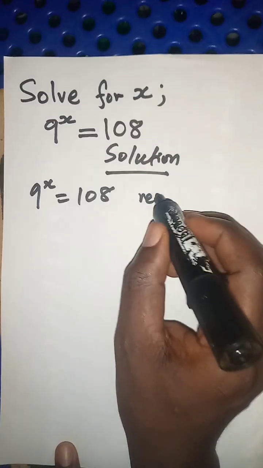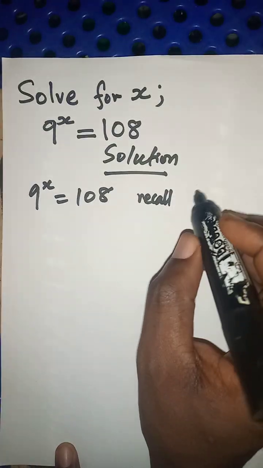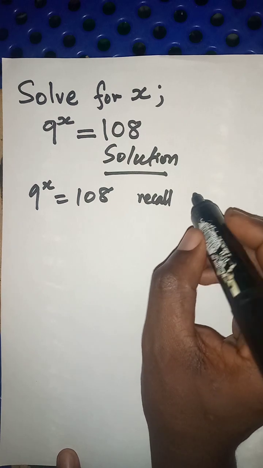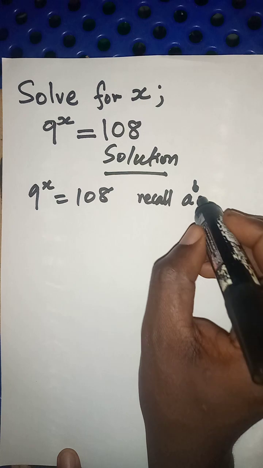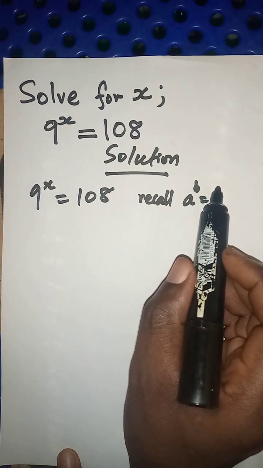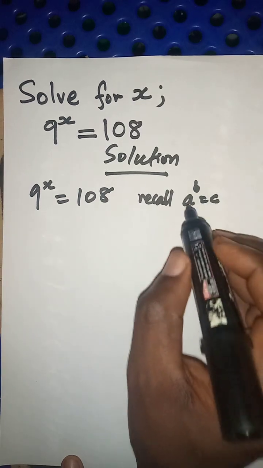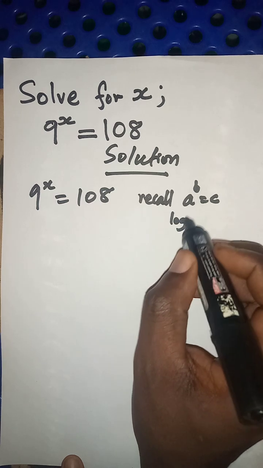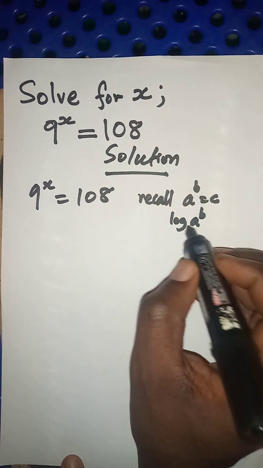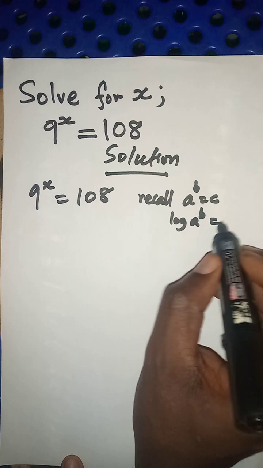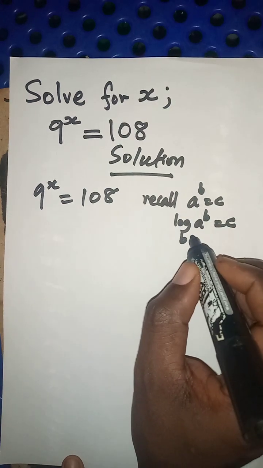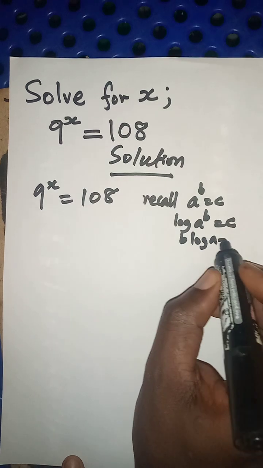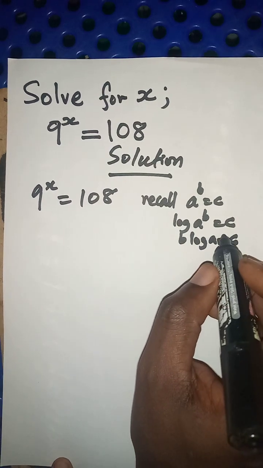I'm going to recall again that wherever I have a number a raised to power b is equal to c, then to drop this b, I'm going to introduce the logs on both sides so that I have the log of a raised to b is equal to c, and this is going to be dropped as b times the log of a is equal to c.